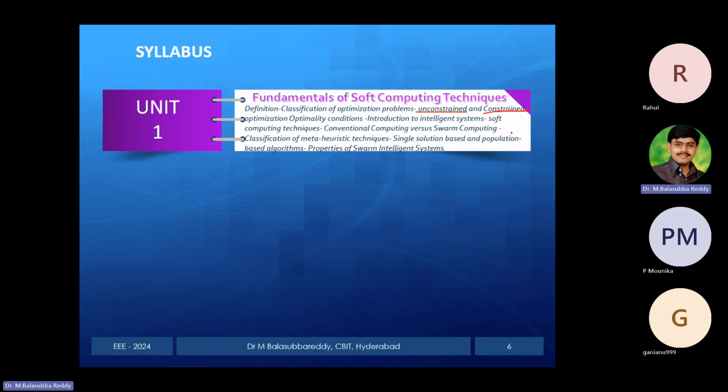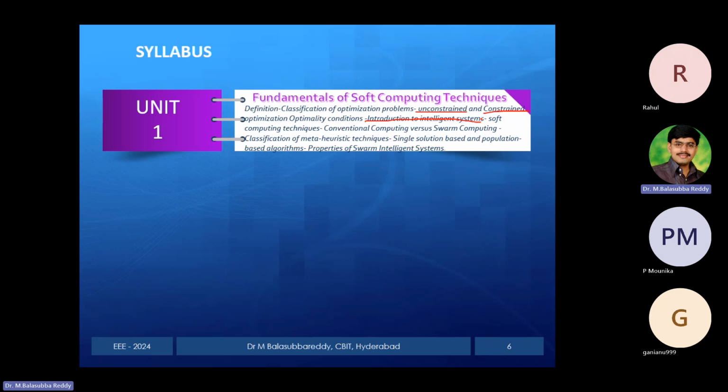Another one is the introduction to intelligent systems. Whereas conventional systems are there, some of the methods are conventional methods. We'll briefly highlight those points, but our intention is evolutionary algorithms in intelligent systems. We'll discuss the introduction to intelligent systems, that is, soft computing techniques.